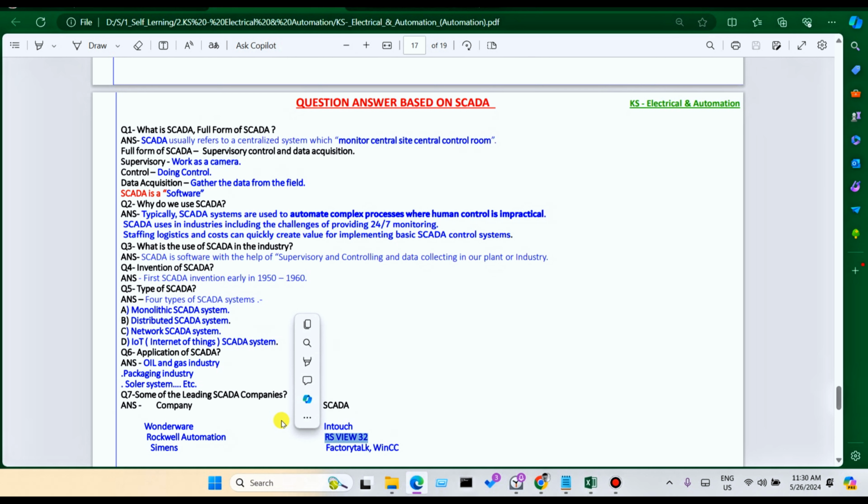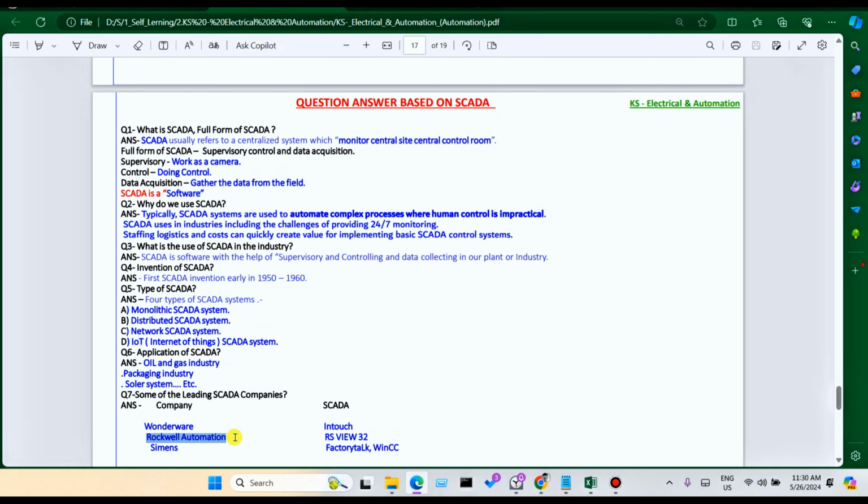If you plan to learn SCADA and work on SCADA, I suggest you do not learn RSView32, because industry is not using it now.